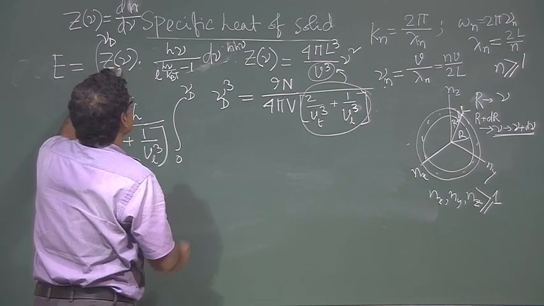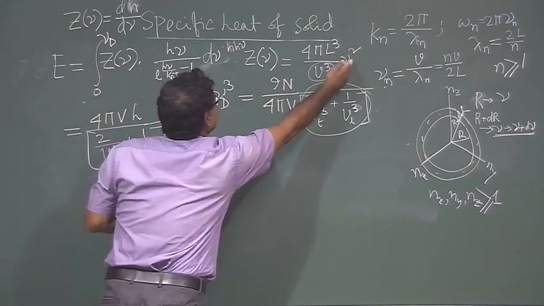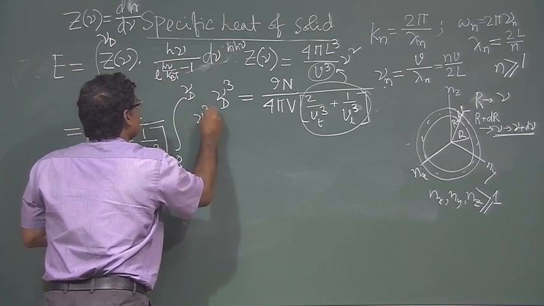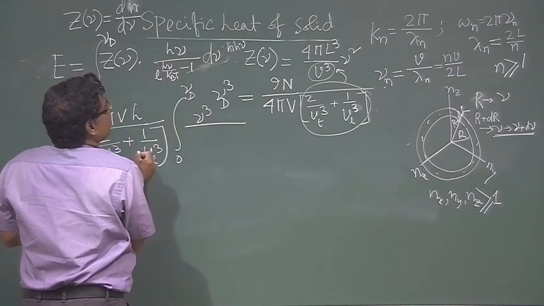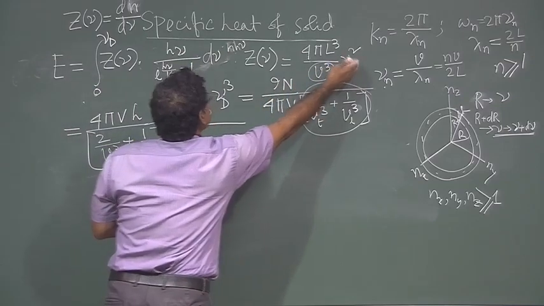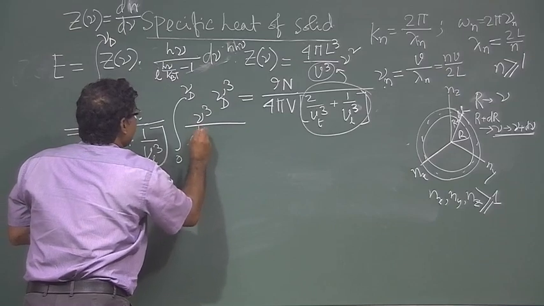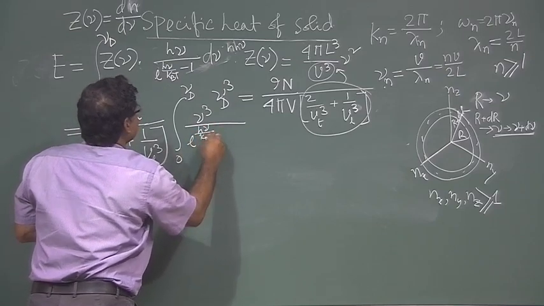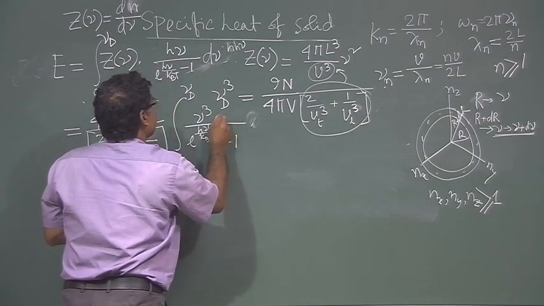So, here I am getting nu square. So, it will be nu cube divided by nu cube, from here only nu square is coming. So, nu cube, e to the power h nu by kBT minus 1, d nu. So, here I can write d nu.